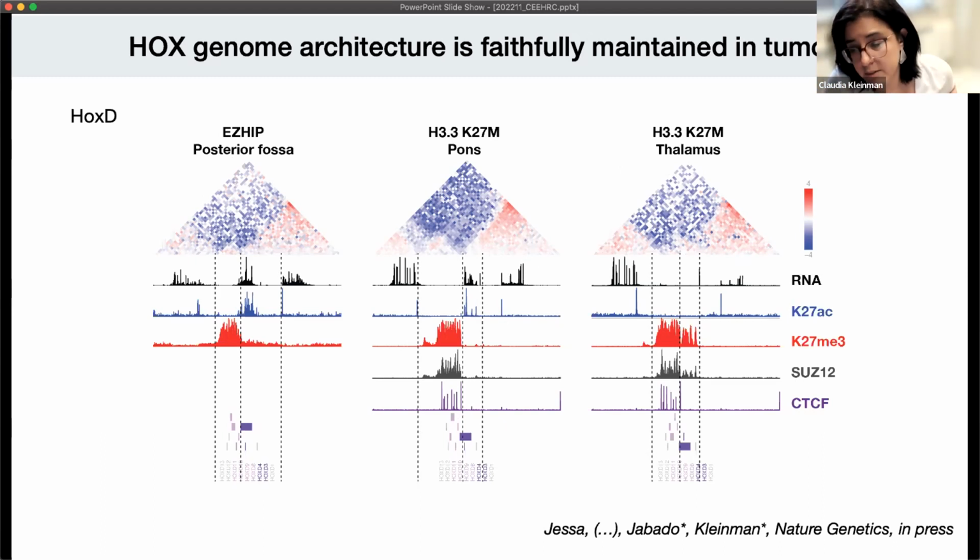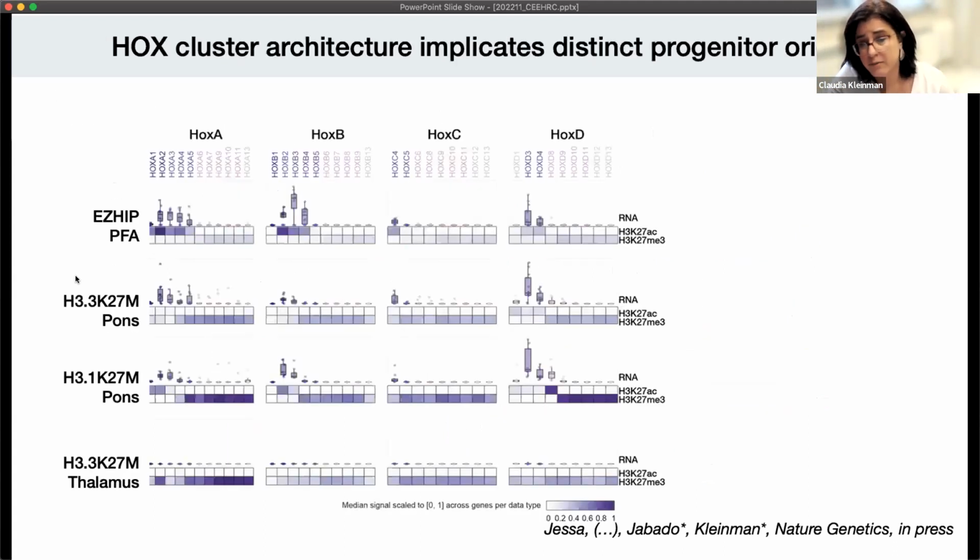So maintaining this structure here, this is HoxD, but it's the case for all the Hox clusters in each tumor entity. Again, very well structured, silent in the thalamus, and the other tumor entities showing bipartite domain, quite well organized and with subtle differences between the tumor types.